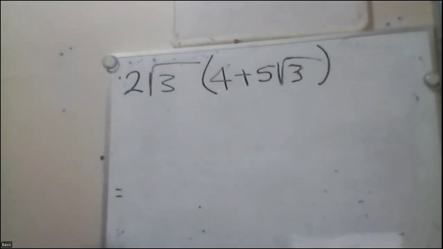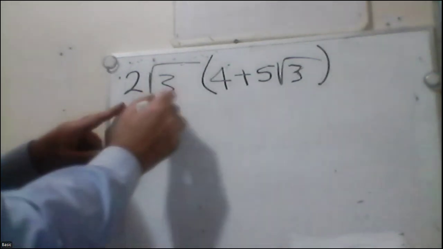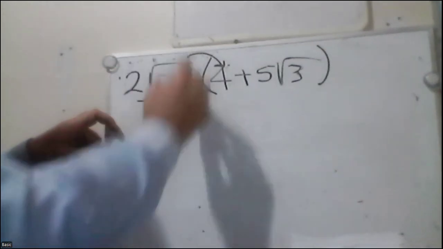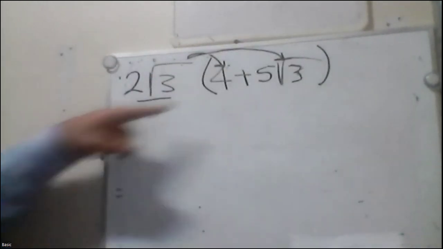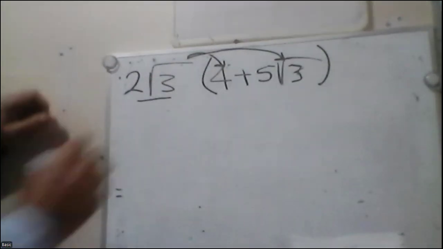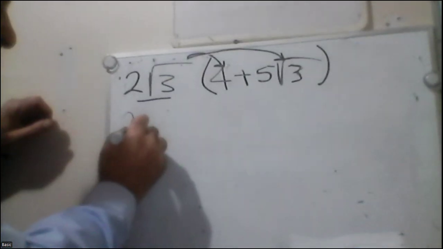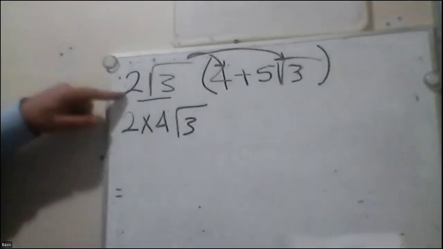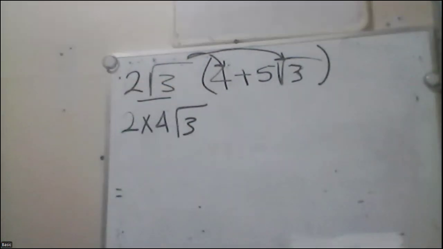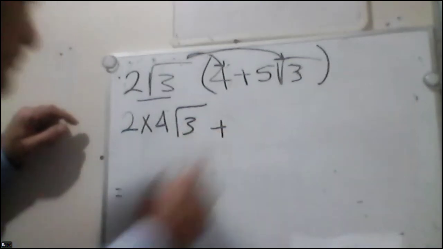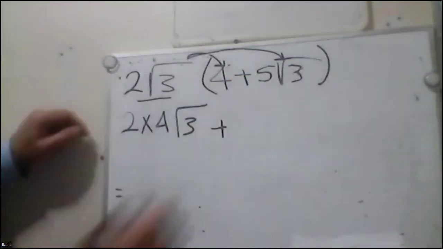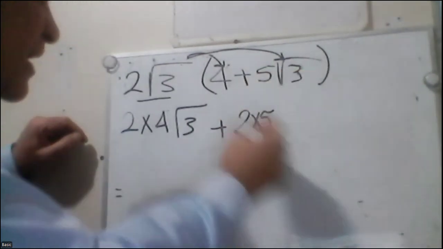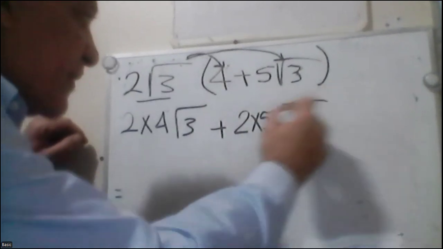What I do now is multiply the first amount by 4, then the same amount by the other one. So it will be 2 multiplied by 4 root 3, plus 2 multiplied by 5, and again root 3.